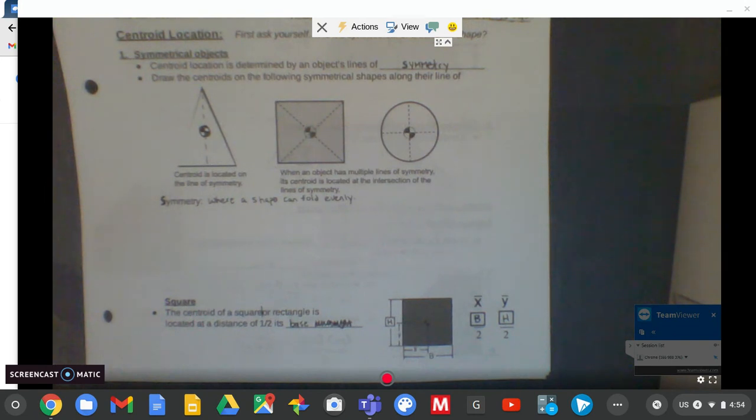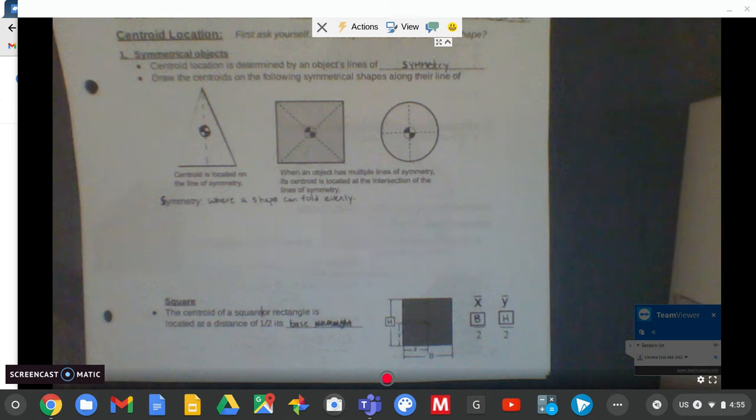First, it says a square, but this works for the rectangle also. So you're going to need to find the area. For a square, area is side squared, but for a rectangle, it's base times height. That's pretty simple. You would just multiply these 2 numbers.